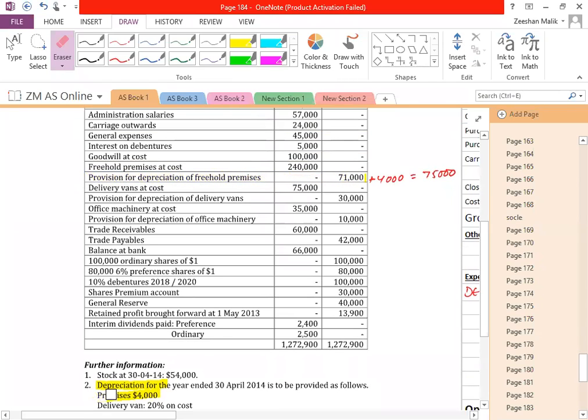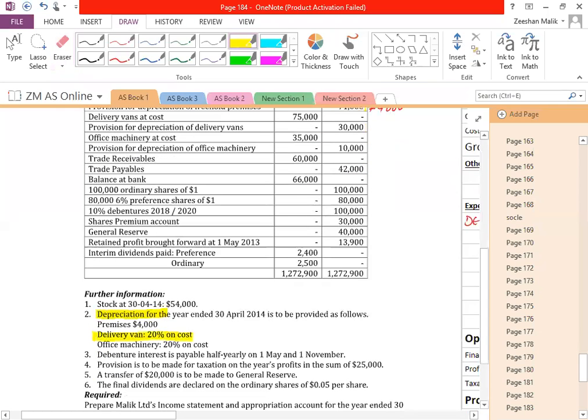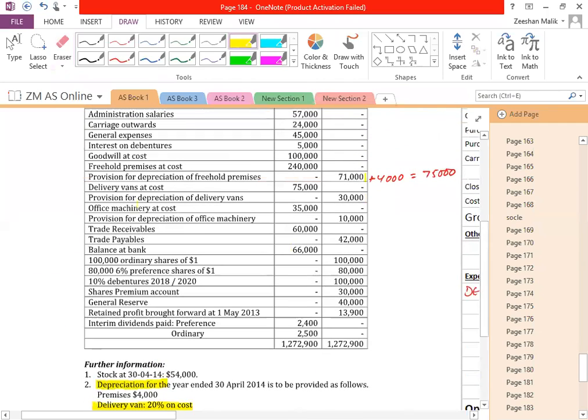Let me indicate the second one, that is delivery van, 20% on cost. Here we have a delivery van at cost, and here we have delivery van provision for depreciation. For depreciation, we need to apply directly on cost, 20% on 75,000. It makes it 15,000 for expenses.